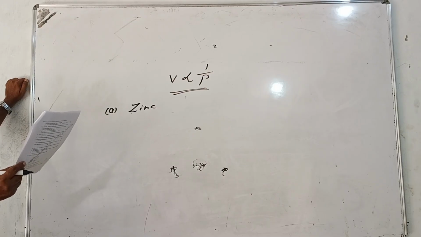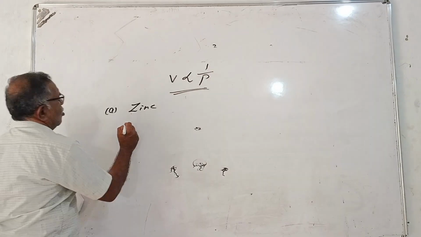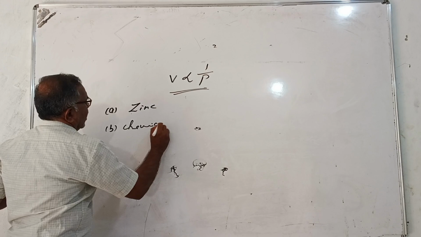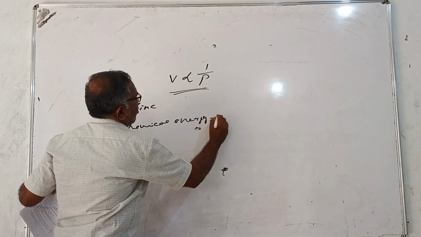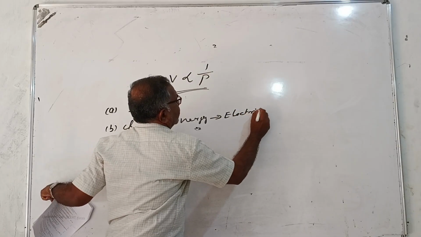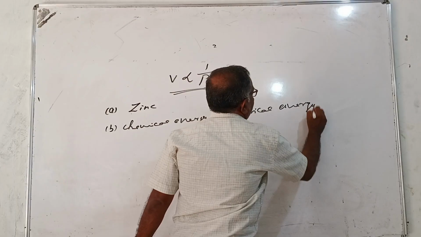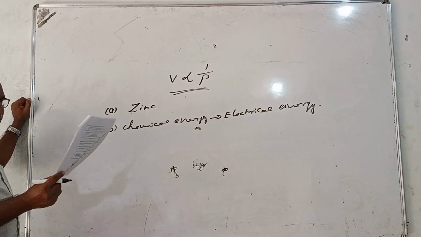The energy change in the galvanic cell is chemical energy to electrical energy.